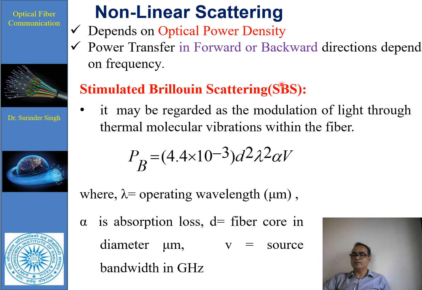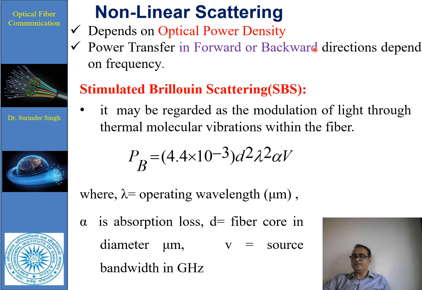In the scattering process, the incident photon produces a phonon, a quantum of elastic wave in a crystal, at an acoustic frequency, and a scattered photon is also produced in that process.